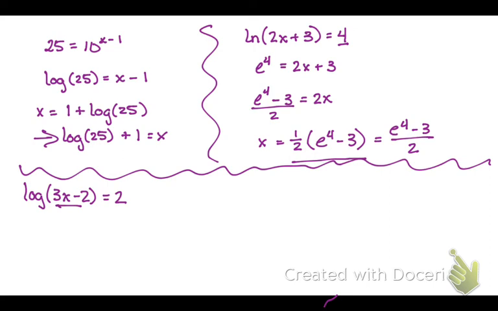Exponential. What is my base? 2? 10. There's nothing written on the log, so it's base 10. 10 to what power? 2. 10 squared equals 3x minus 2. Guess what I do? Add 2 and divide by 3.